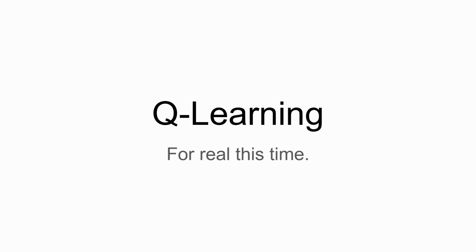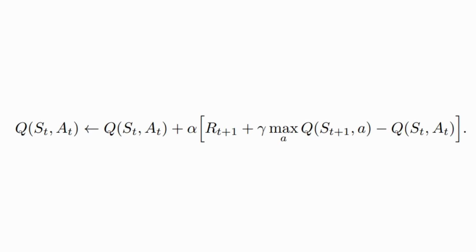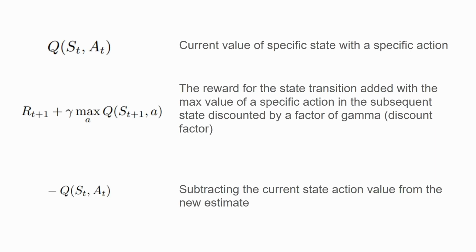Q-learning is an off-policy reinforcement learning algorithm that can be used to derive an optimal policy without knowing state transition probabilities ahead of time. Here's the formula for Q-learning. And much like we did with the Bellman equation, let's break it down into 3 easy parts. The first part is the current value of the specific state with a specific action.